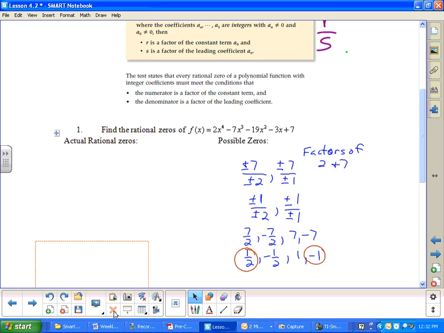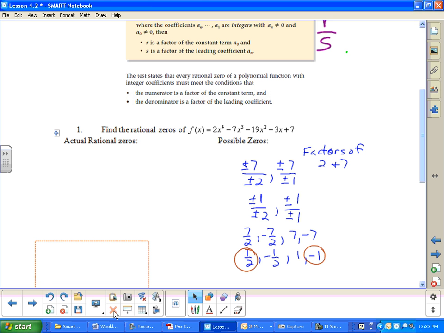If we had a number like 12 or 24, if you have numbers like that, there are just so many different possible rational zeros that it makes it very difficult. And so that's the biggest reason why we use our calculator, okay, to make life a little bit easier.